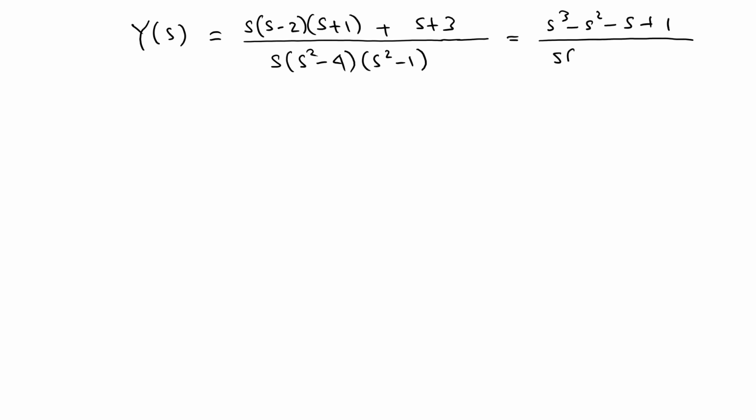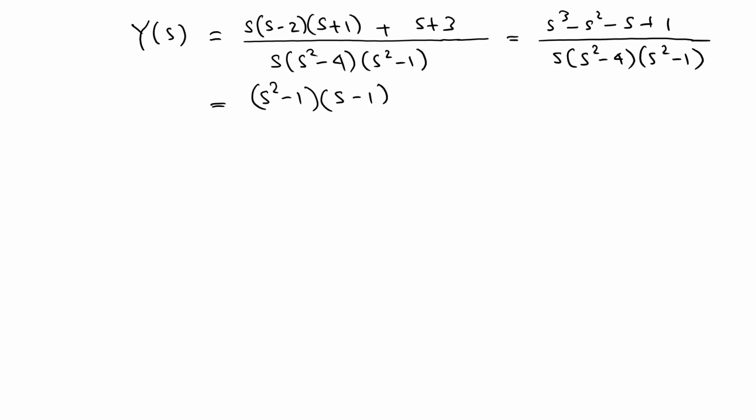In the bottom we have (s squared minus 4)(s squared minus 1). We write it like that, so it's easy to go forward. Now in the top, you can nicely factor this because you can pull out s squared, so the top is simply (s squared minus 1)(s minus 1). That's what you get for the top.